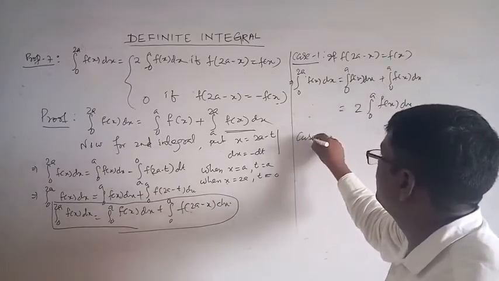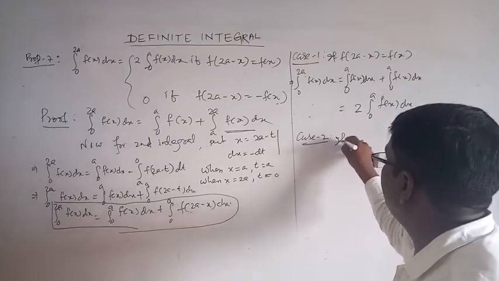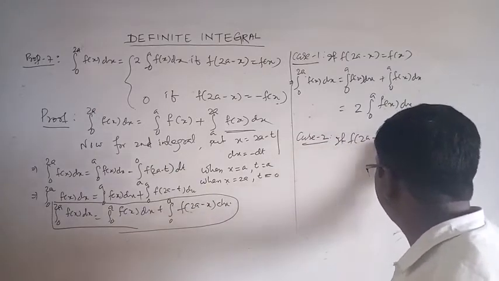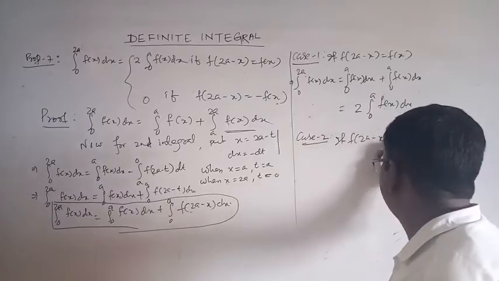Case 2: if f of 2a minus x is equal to minus f x, then what happens here?